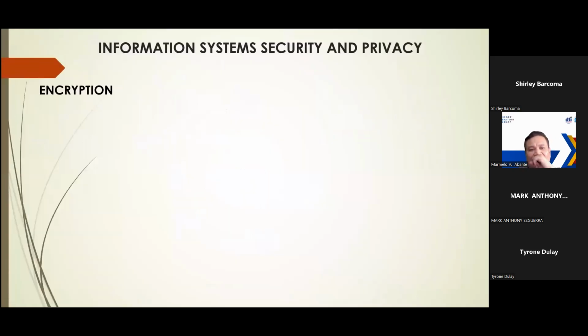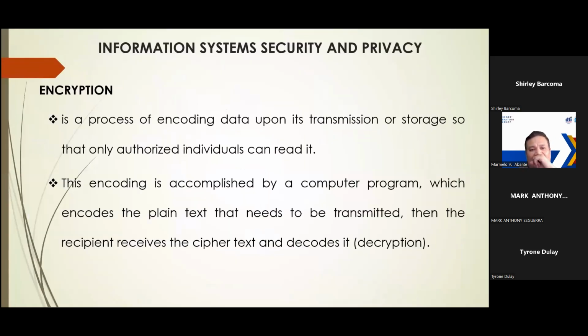Next is encryption. Encryption is a process of encoding data upon its transmission or storage so that only authorized individuals can read it. This encoding is accomplished by a computer program, which takes the plain text that needs to be transmitted. Then the recipient receives the ciphertext and decodes it.